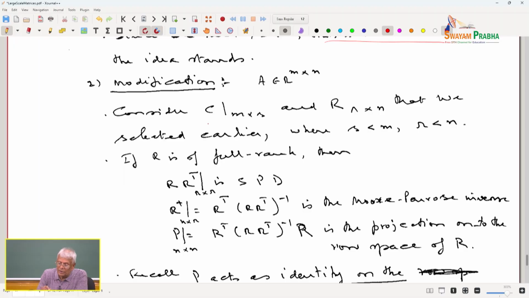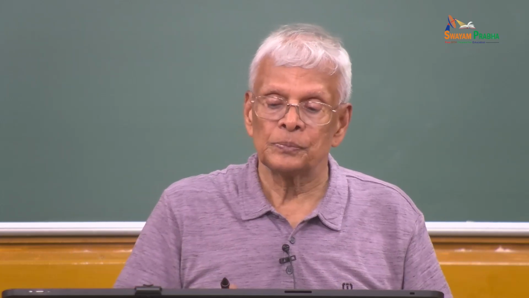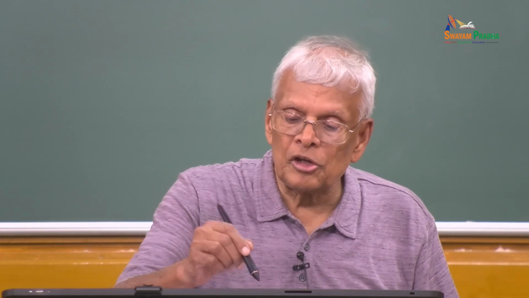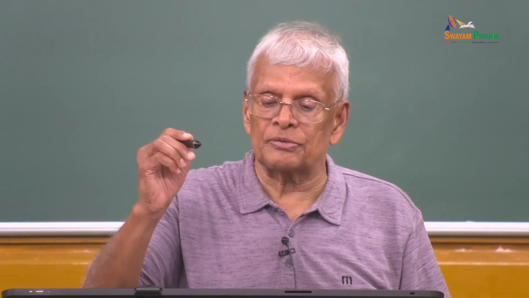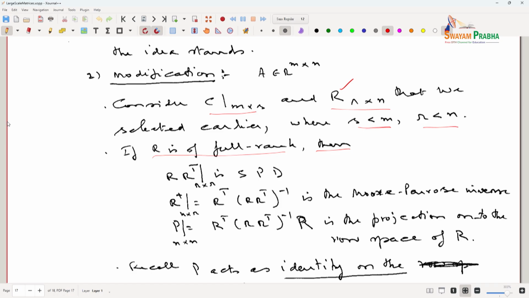So, let us consider C, an m by s matrix, or R, an r by n matrix. To recapitulate, I picked S columns of A and R rows of A to build two matrices C and R.